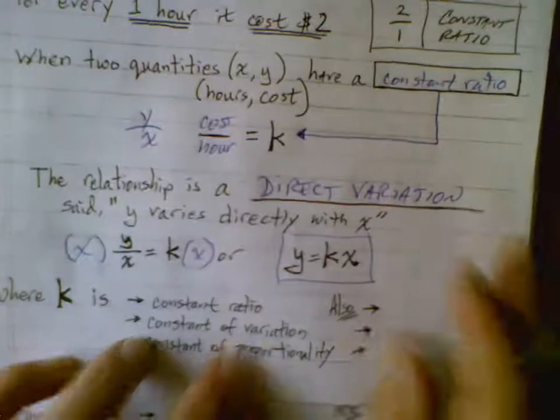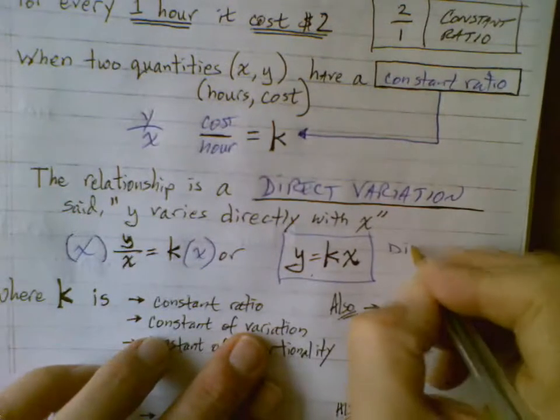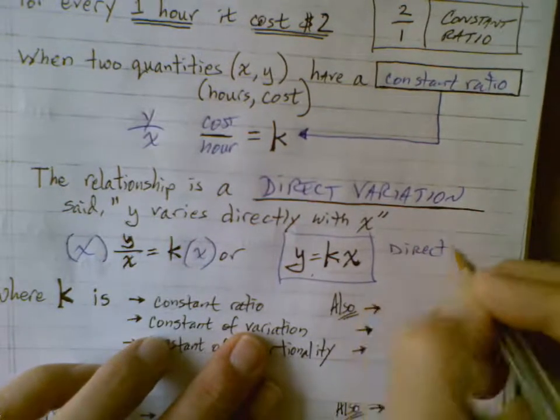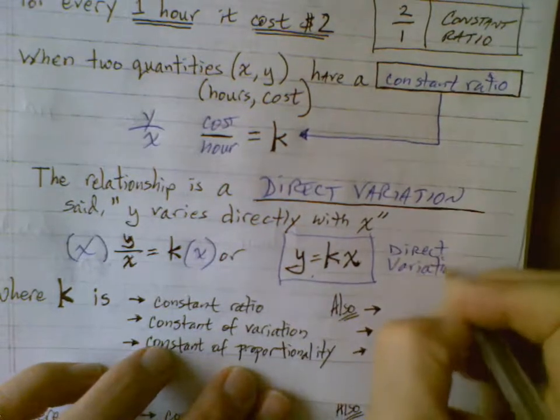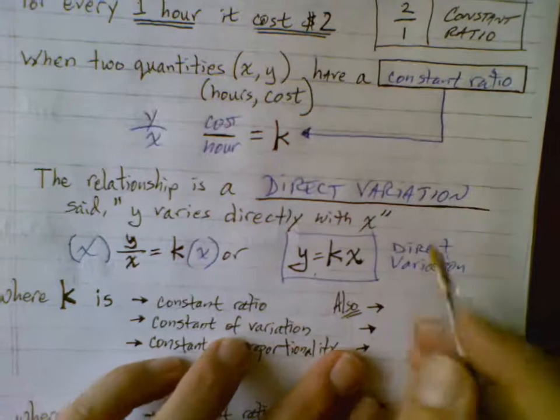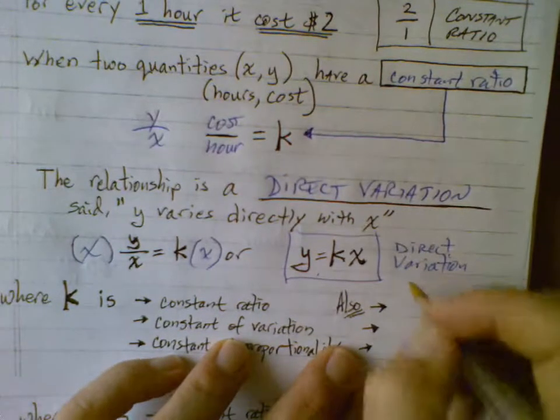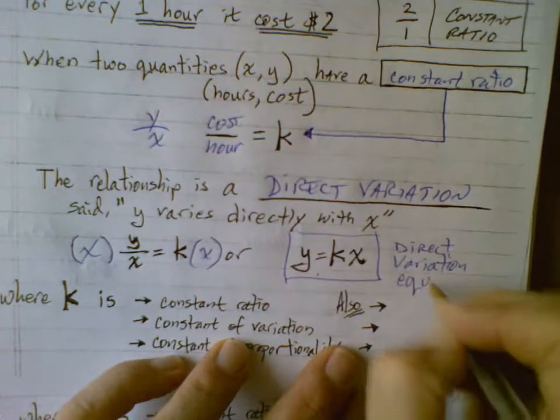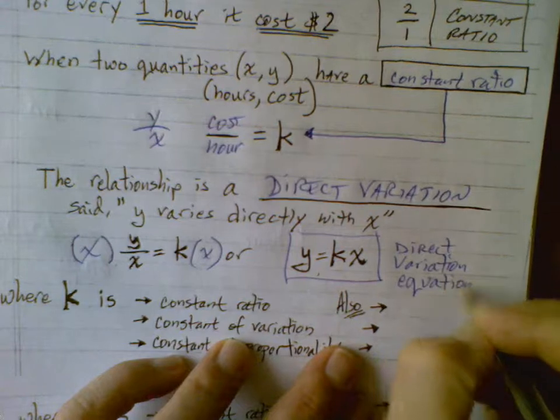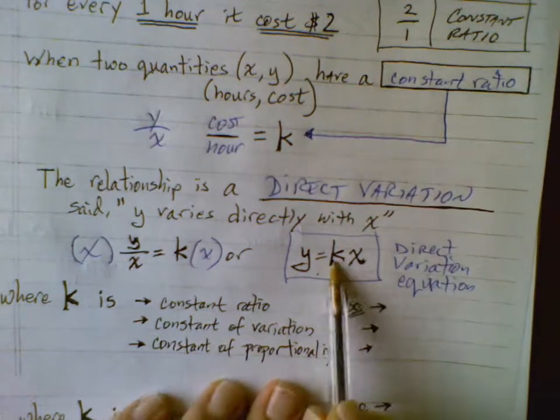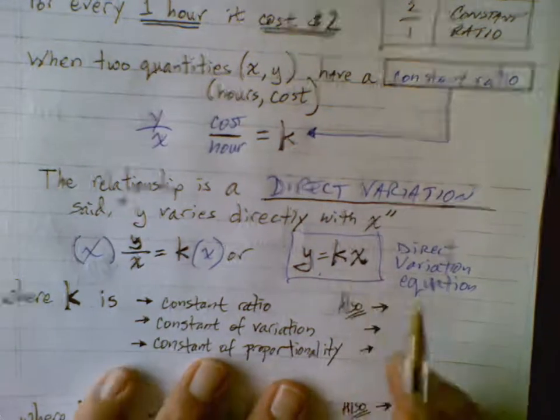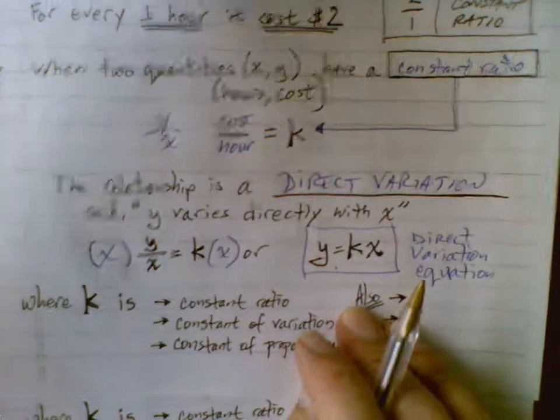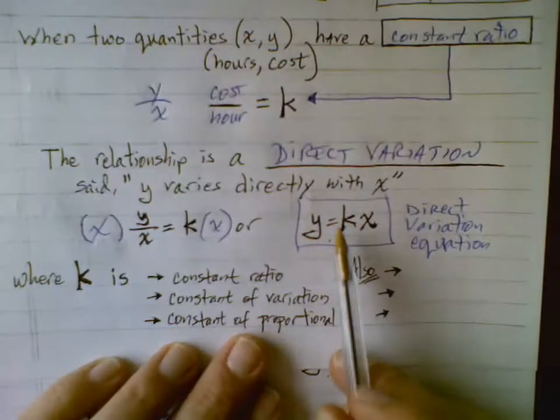So this is my direct variation equation right here. Let's be clear on that, because we're going to use this. Direct variation equation. So any relationship that's a direct variation, we can write this way. It is one form of a linear equation, where k is my constant of variation, and x and y are points along the graph.